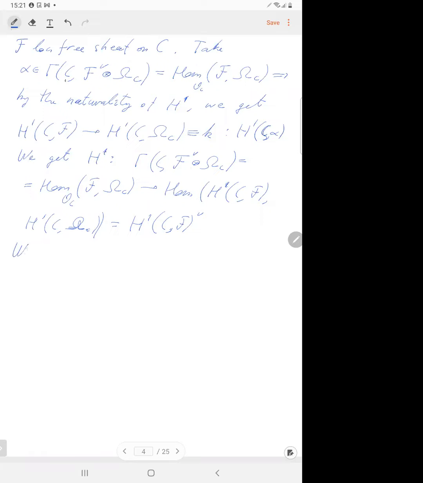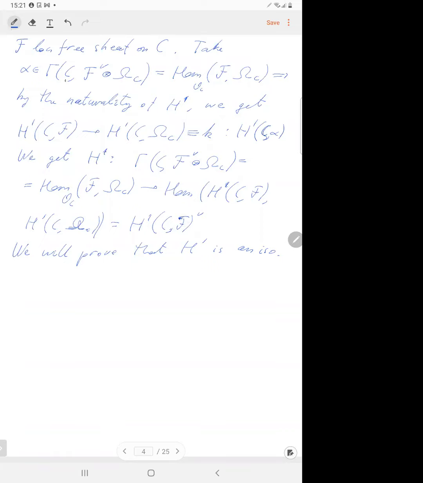So we will prove that H1 is an isomorphism. Once again, from global sections of the dual sheaf twisted by the dualizing sheaf to the first cohomology of our original sheaf F dualized.